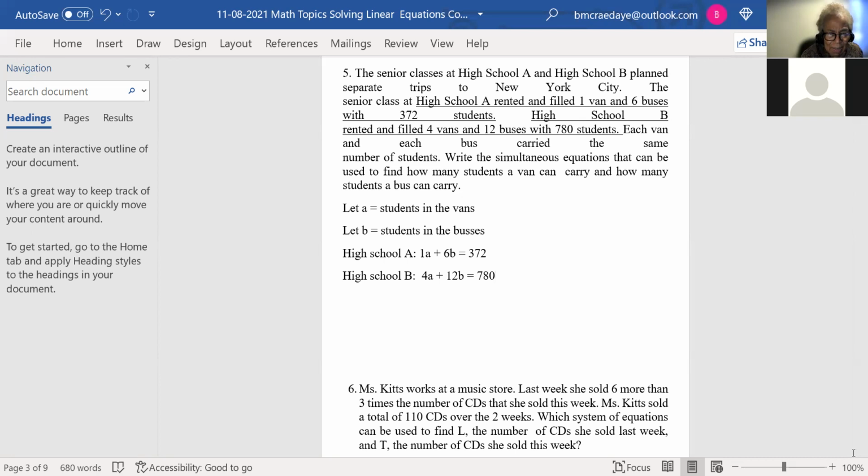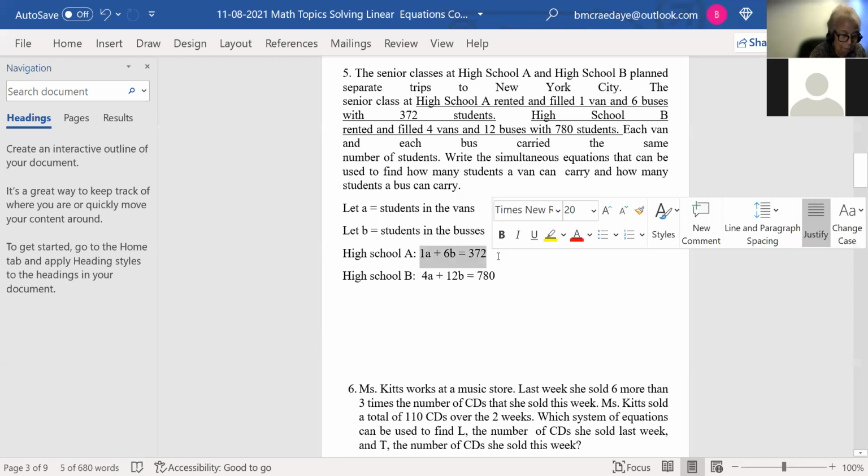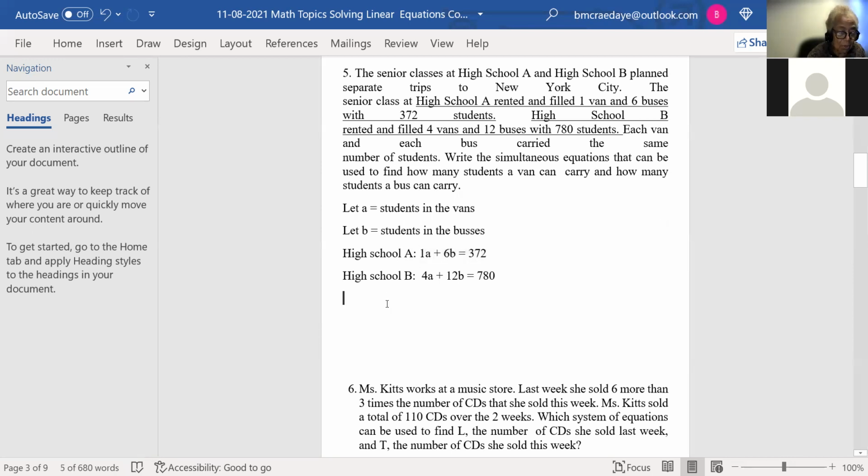Why would you add them? You have to use either elimination or substitution to get it to one variable, so you can solve it. Then you can solve for the other variable. So let me copy this equation and put it here, and copy the other equation.